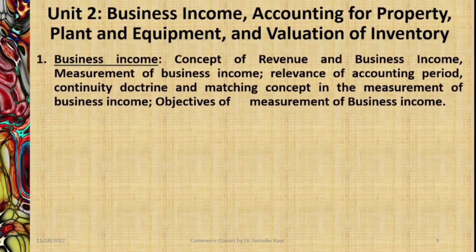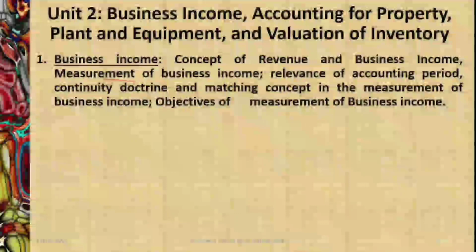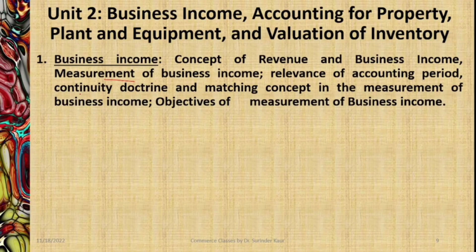Unit 2 includes number 1, business income. Now in order to calculate business income, you need to understand the concept of revenue and business income. How do we measure it? What is the relevance of accounting period, continuity doctrine and matching concept in this?